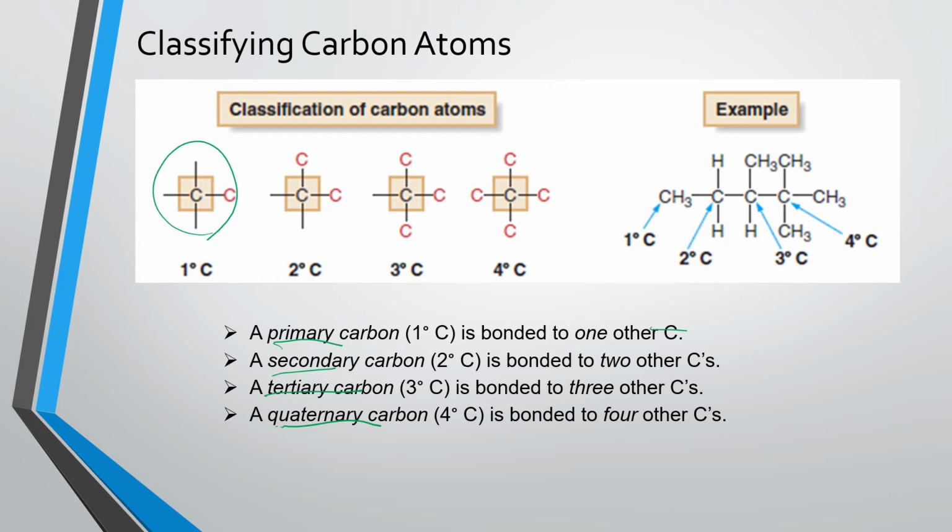Pag dalawa, carbon here, is secondary, bonded to 2 carbon atoms. Tertiary, 3. 1, 2, 3. Quaternary, 4. Bonded to 4 carbon atoms. Yan. So this is a primary carbon atom. How about here? Secondary. How about here? 1, 2, 3. Tertiary. How about here? Quaternary carbon.